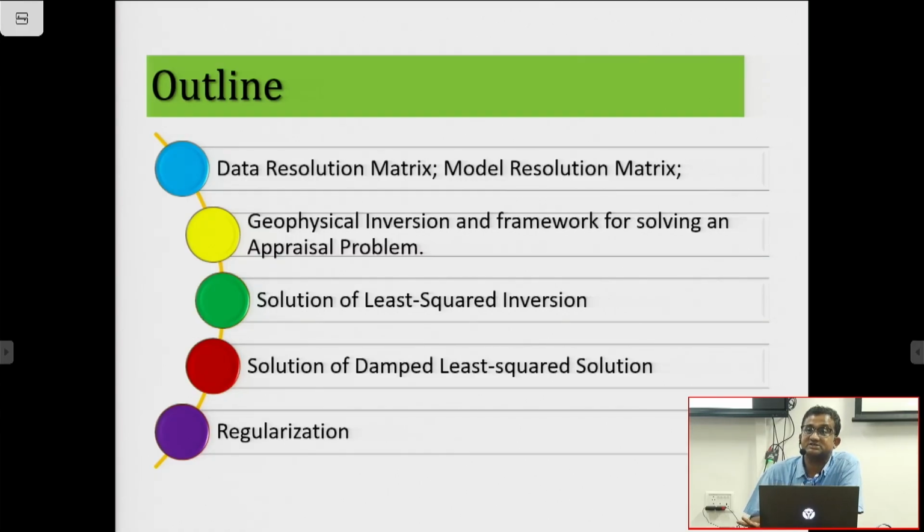So what are the uncertainties attached to it? We also want to address that by re-estimating, and then some part of least squares and the influence of regularization theory, which is required to constrain the solutions in a better way.